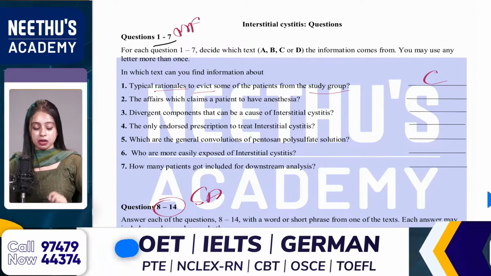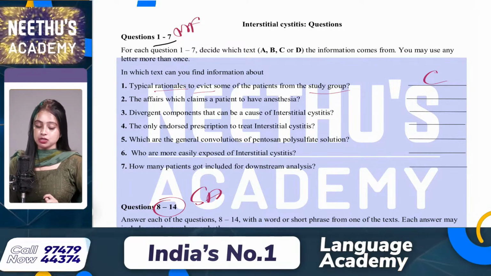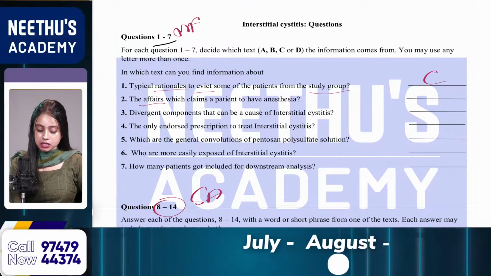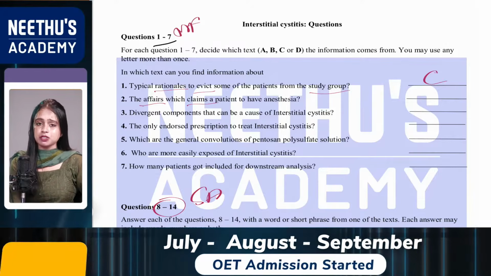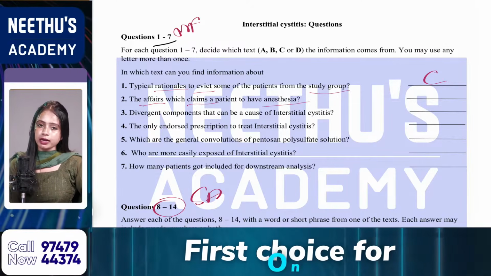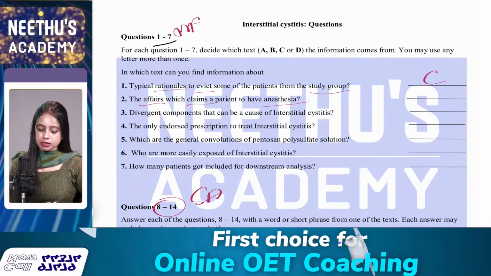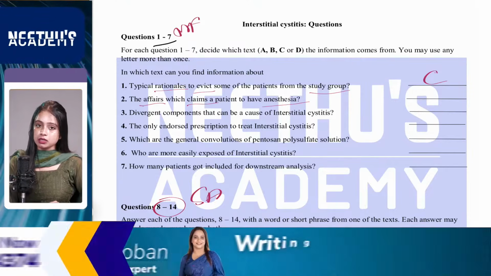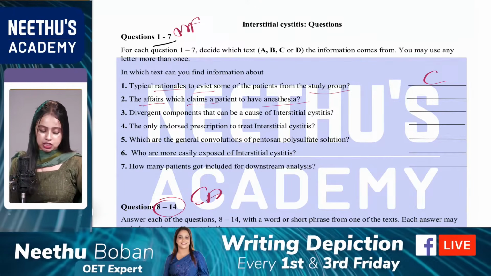What about the second one? The affairs which claims the patient to have anesthesia. So my keywords: affairs, then claims, which demands anesthesia. The components or the factors, the incidences that demand a patient to have anesthesia. Where is it mentioned about anesthesia?